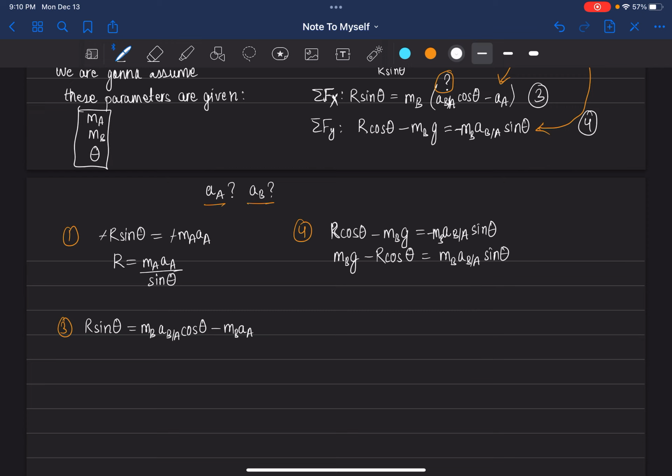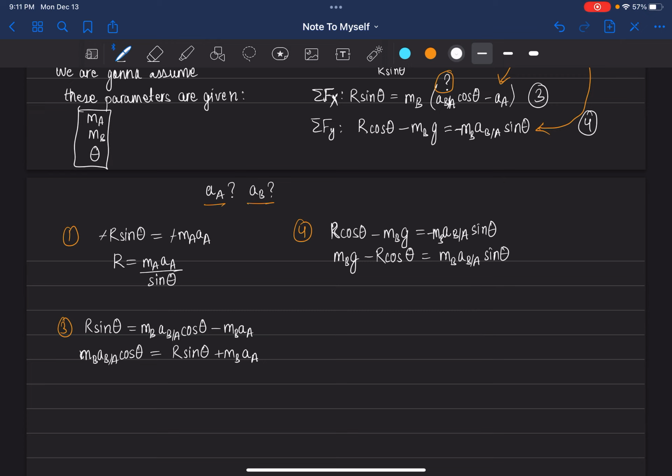It just depends how you want to do your algebra, right? I just feel comfortable doing it this way. So m of B, acceleration of B with respect to A cosine theta equals R sine theta plus m of B acceleration of A. Okay, so that is what I get now.